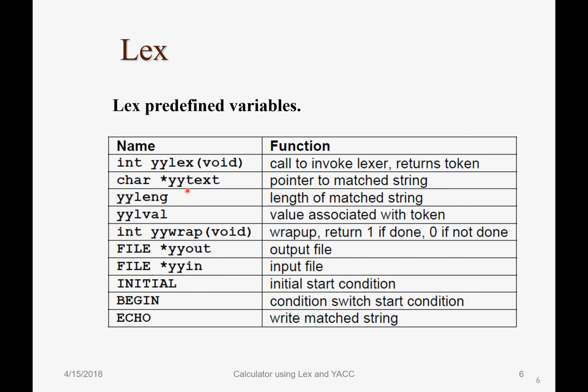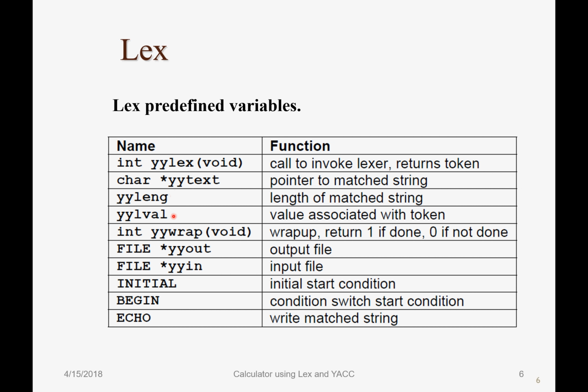Then yytext points to the matched string, meaning whatever token is separated by the lexical analyzer is stored in yytext. This is an inbuilt variable whose type is a character array, so it is a pointer variable. Then yyleng gives the length of the matched string, meaning the length of yytext.